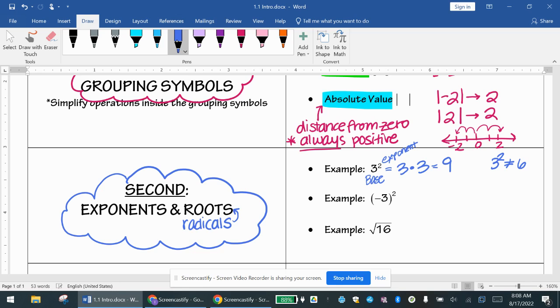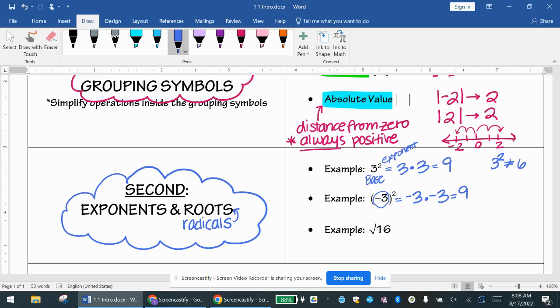Now, one of the common mistakes that we see in algebra that students and sometimes other people make is that if you have a negative number in parentheses that is squared, any negative number to the second power means that you need to put that negative twice with the base. So -3 times -3. Negative times negative is positive. So the answer here would be +9.